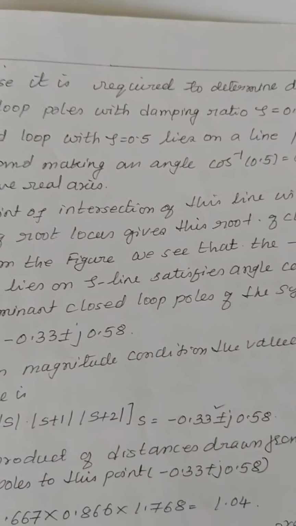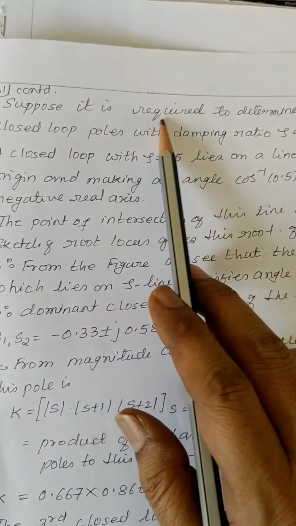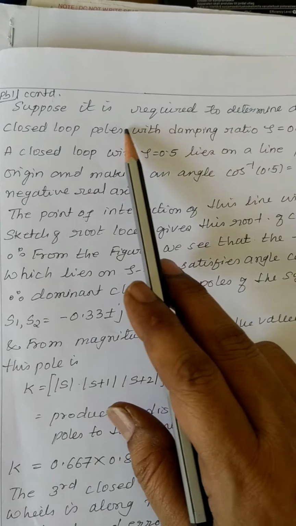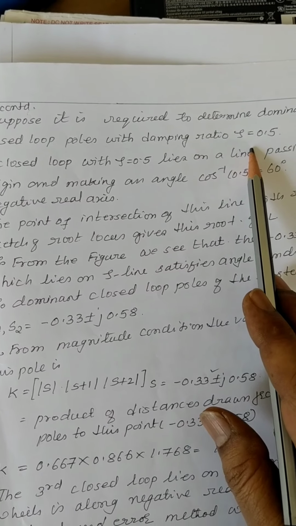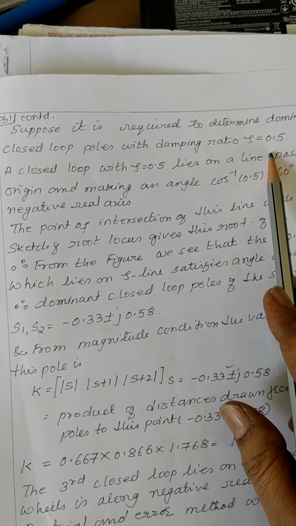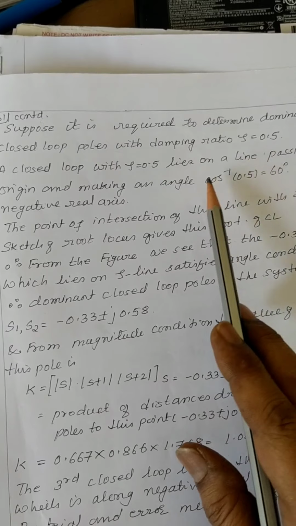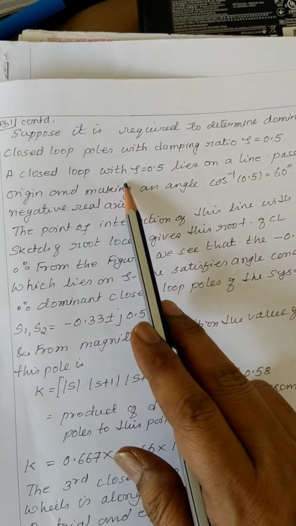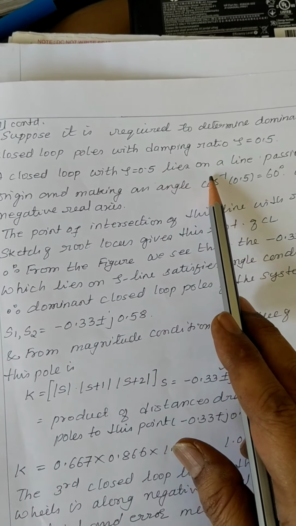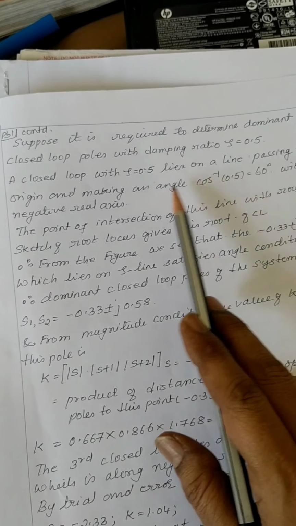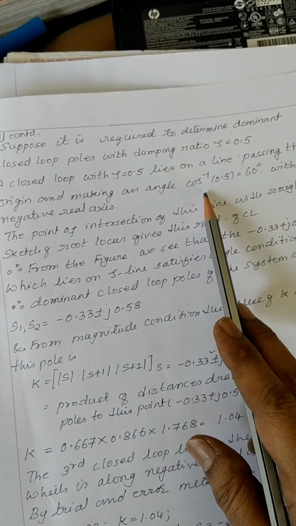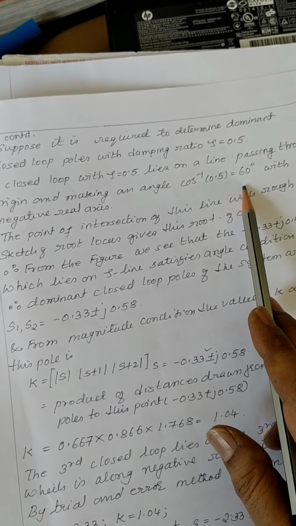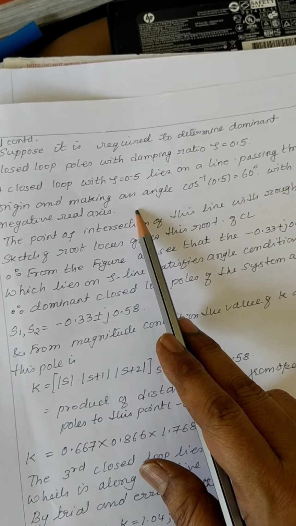Another application: suppose it is required to determine the closed loop poles with the damping ratio zeta equal to 0.5. Then what is the procedure? A closed loop pole with zeta equal to 0.5 lies on the line passing through the origin and making an angle of cos inverse of 0.5, which is 60 degrees, with the negative real axis.